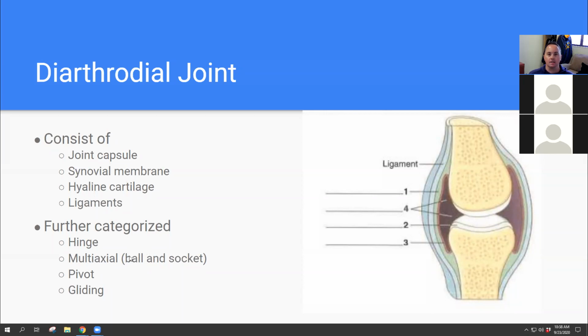The ball and socket or multi-axial, you have to look at it. There's really 3 of them in our body, but 2 of the major ones are your hip and your shoulder. A pivot joint would be your wrist. Your wrist, you can pivot in multiple directions. Now, within your wrist are your carpal bones.